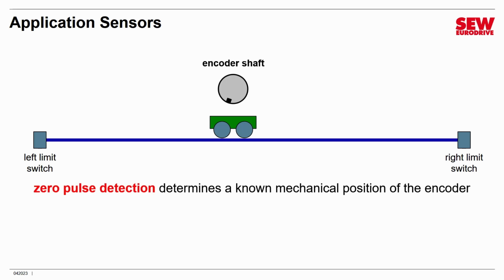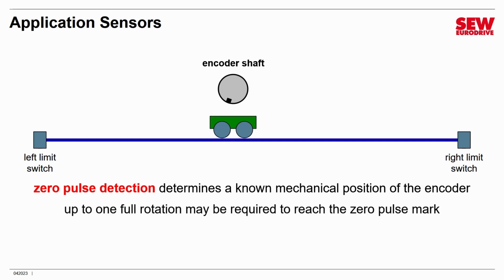If your encoder has a zero pulse, you can use it as a kind of application sensor because it will generate that pulse at a specific location on the encoder's shaft. In many referencing modes, you simply rotate till the next zero pulse comes, and then you are at a known mechanical position of the encoder. This may take up to almost a full revolution to reach the zero pulse mark if you've just gone past it.